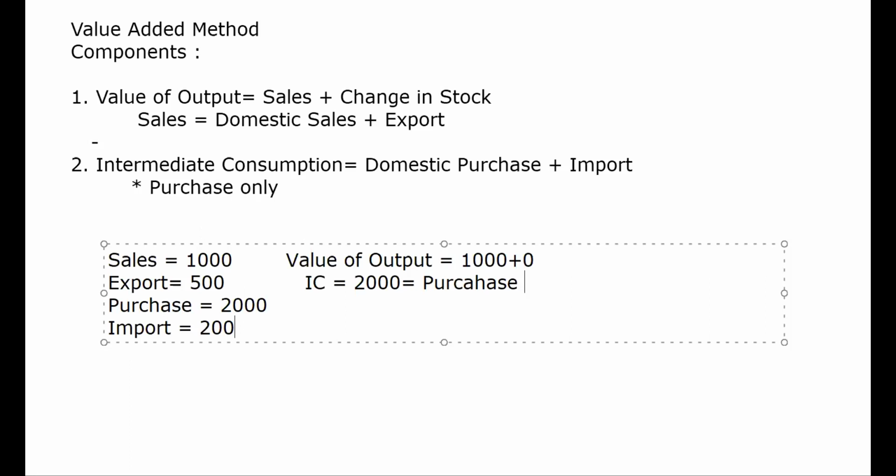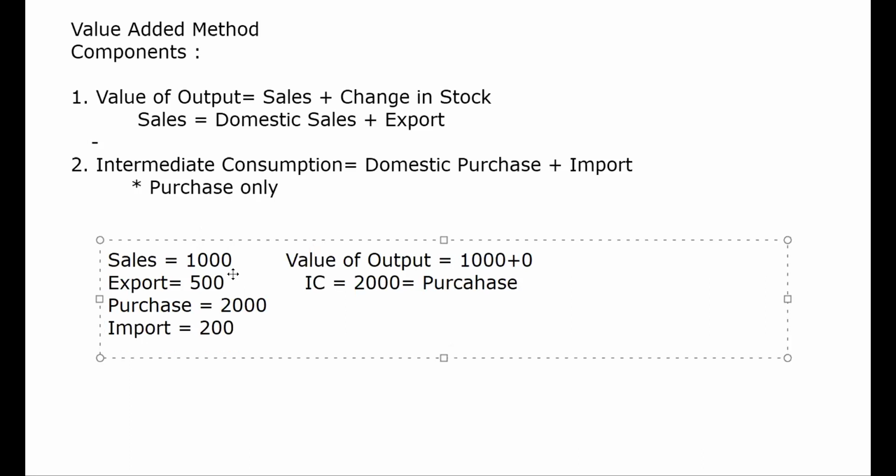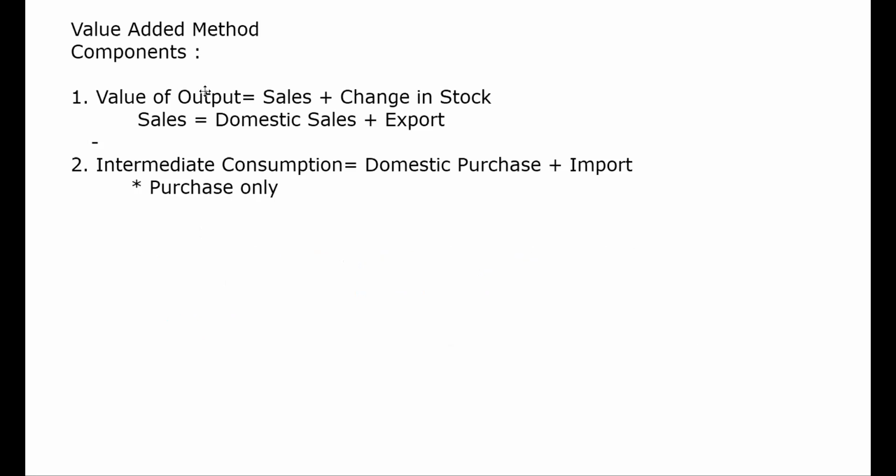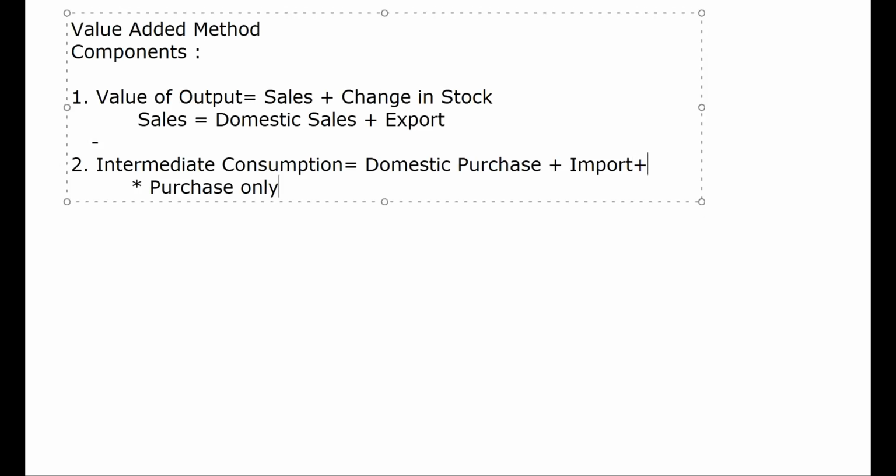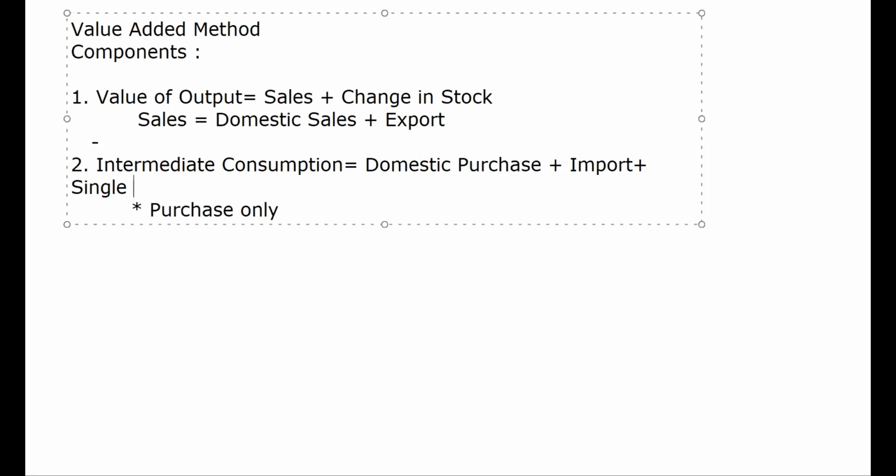Any problem? Now sometimes it is given in the numerical, and to calculate intermediate consumption we'll add single use producer goods.